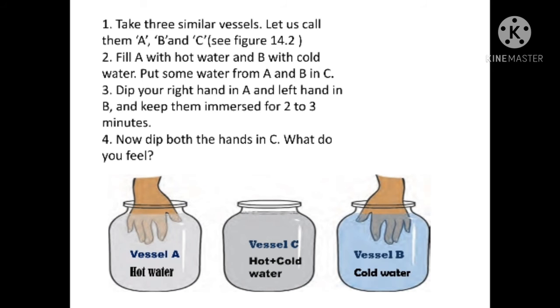Now remove the hands from both vessels and dip both hands together in vessel C, which contains the mixture of both waters. Now students, vessel A was hot, so your right hand may have become hot, and vessel B contained cold water, so your left hand would have become a little bit cold.